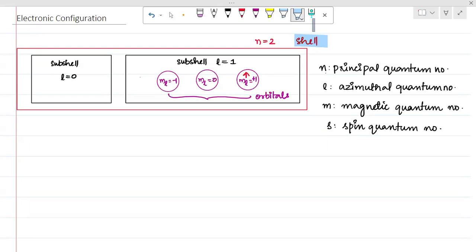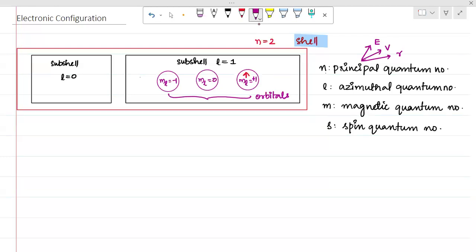If the principal quantum number is known, we can get an idea about the energy of the electron, the velocity of the electron, and also the radius of that particular shell. All these were discussed in the previous session, right?